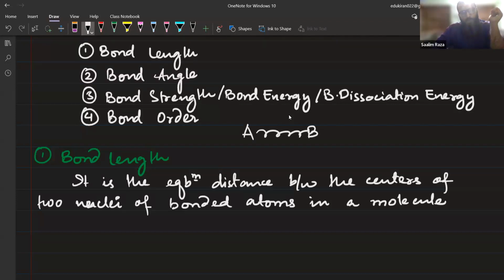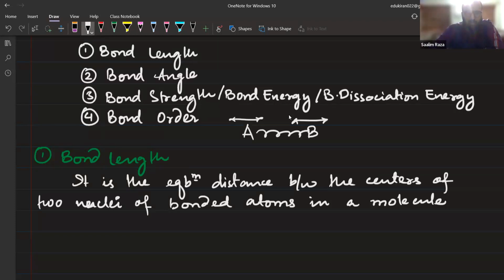A will have some particular distance in which it can vibrate, and B also has some allowed space, because there is some temperature present. Because of temperature, atoms can move, and atoms are always vibrating.